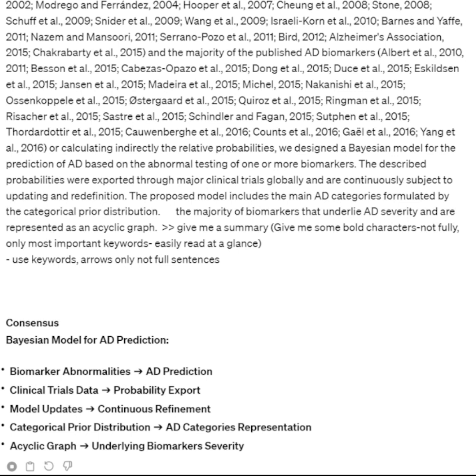The Bayesian model for AD prediction uses biomarker abnormalities and clinical trials data, with probability export and continuous refinement, a categorical prior distribution, AD categories representation, and underlying biomarker severity.